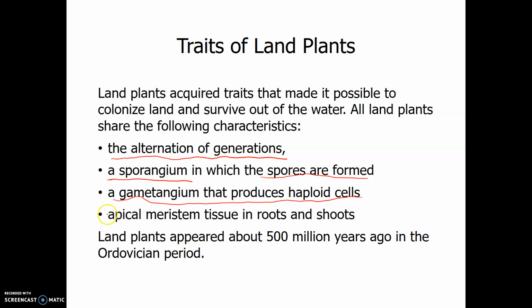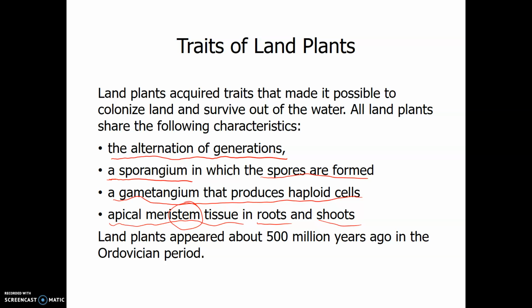And then plants have apical meristem tissue in their roots and in their shoots. The roots are the below ground parts and the shoots are the above ground parts. So meristem tissue is the tissue at the tips of the branches and the tips of the roots. You've heard the term stem cells. Stem cells in animals or humans are cells that can divide and produce other cells, such as embryonic stem cells that can produce more embryonic cells.